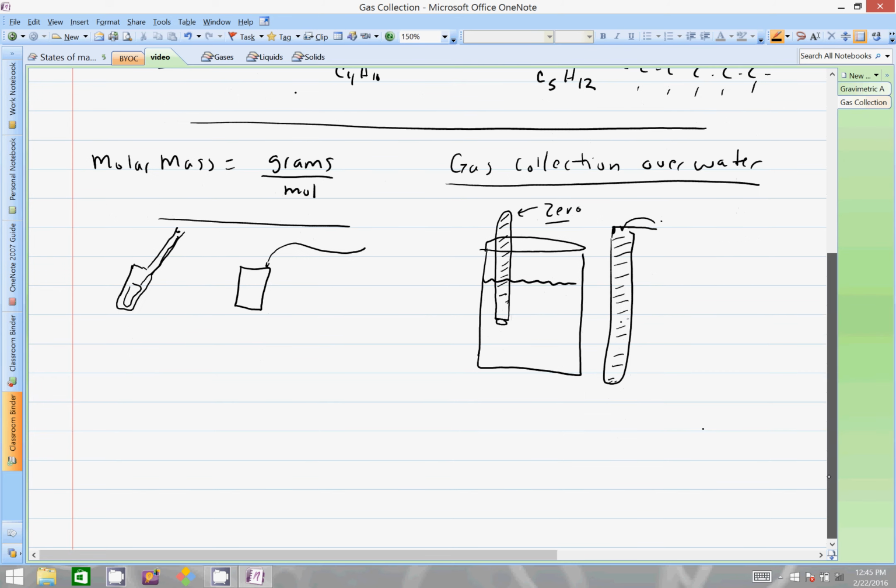So a little bit about the physics of what's going on here. In physics, we have these things that are called forces.